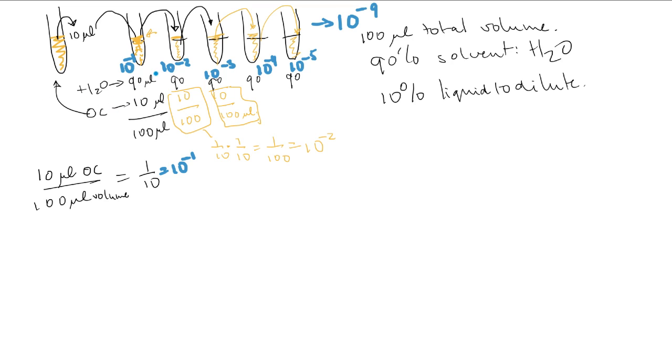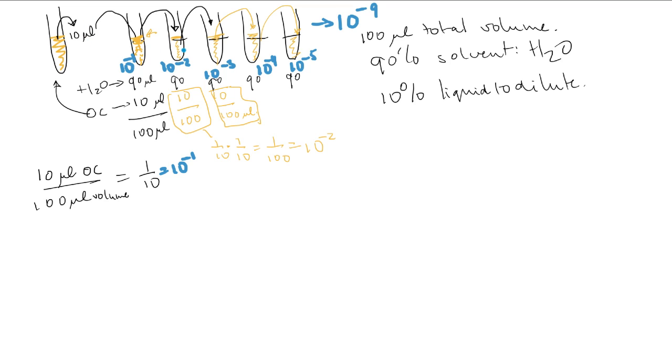So this is what we call a serial dilution. A serial dilution is this group of tubes. Each one of them has 10-fold less bacteria than the one before. And the reason we do this is we don't know how many bacteria are in the original. By doing this, we're trying to find a culture that is going to give us a countable plate, because if we just did the original, it would be too many to count.